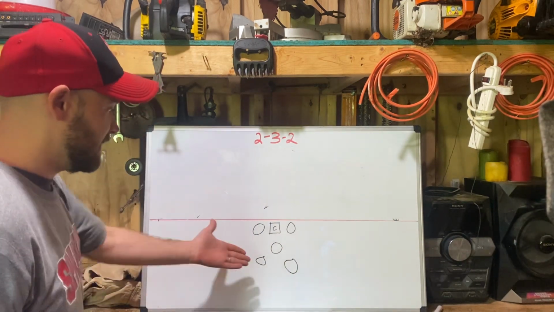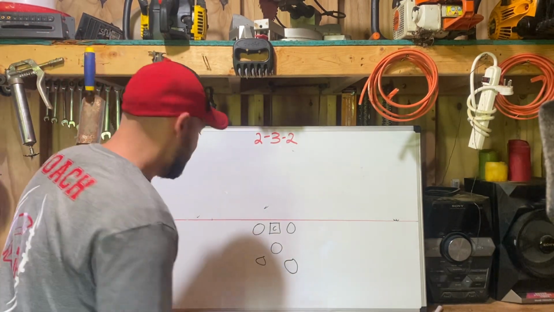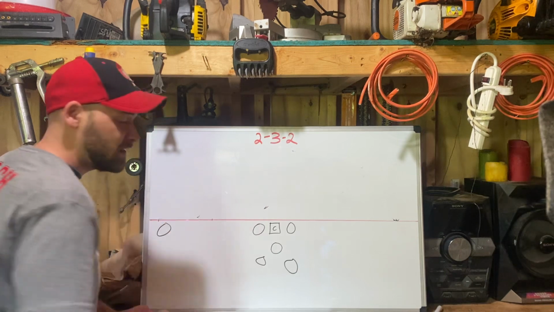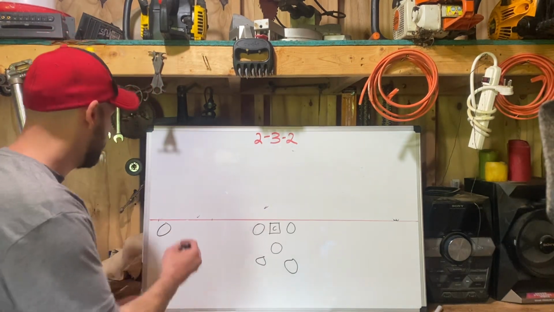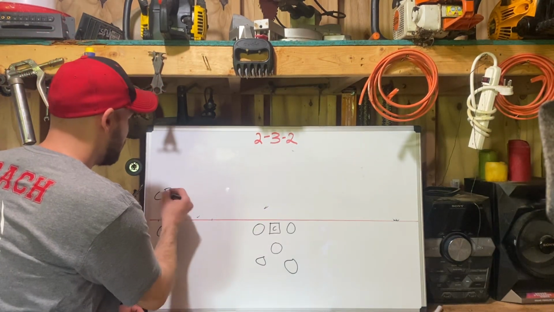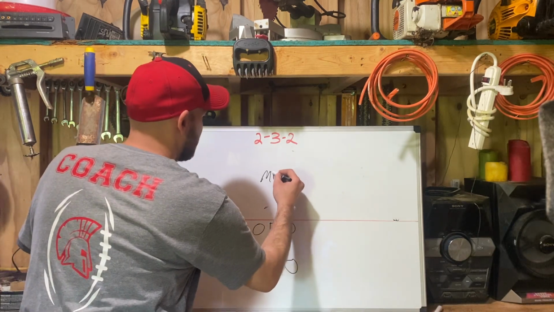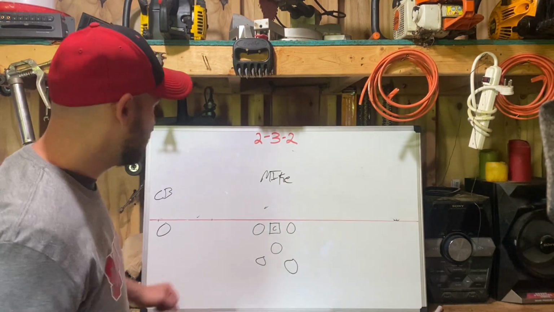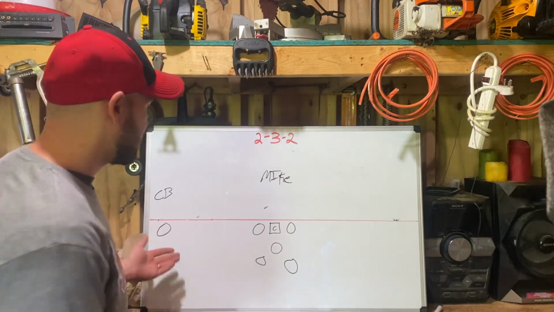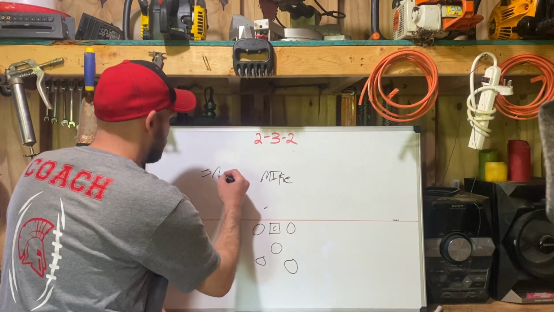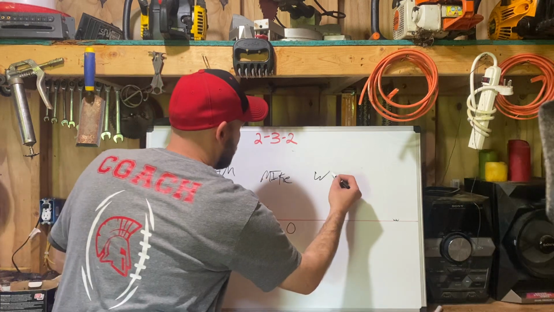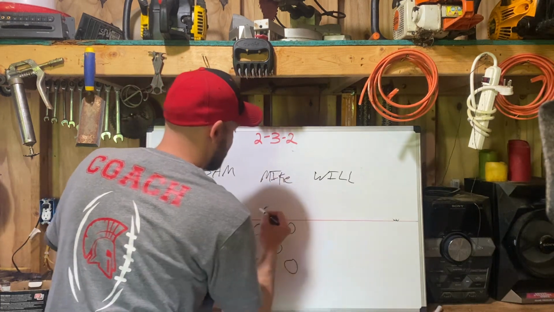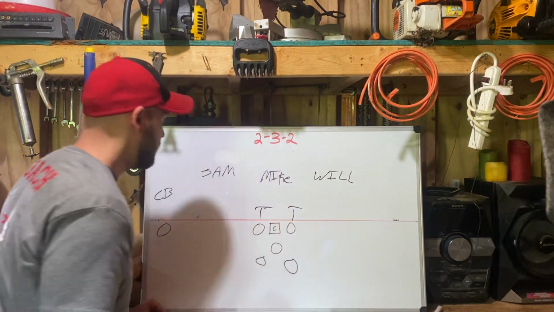Obviously, this is generally going to be a run. Let's say we have one wide receiver. We still need our cornerback. We obviously need our Mike. We need Sam and Will in this point. This side Sam, we have the strong side here. So Sam, Will. Obviously we had our tackles, so I didn't put those in there.